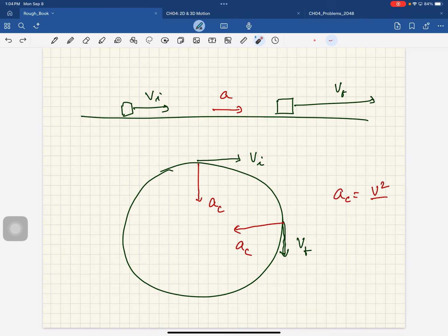When the direction of the velocity is changing, you have an acceleration that is perpendicular to the path. So you can have acceleration when your speed changes, and you can have an acceleration when the direction of your velocity changes.